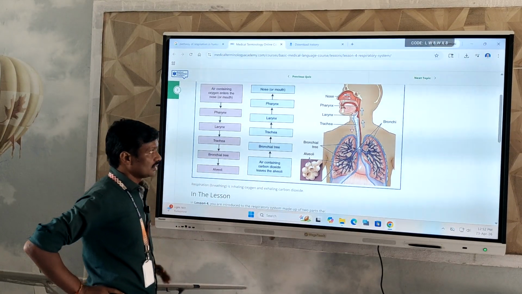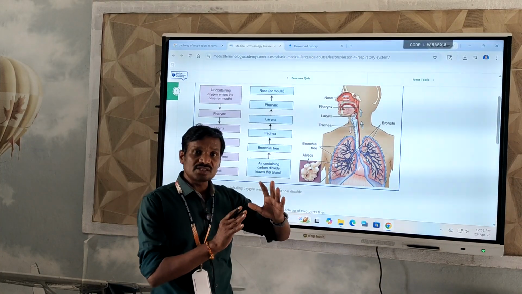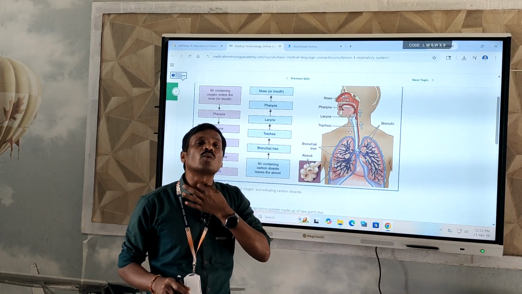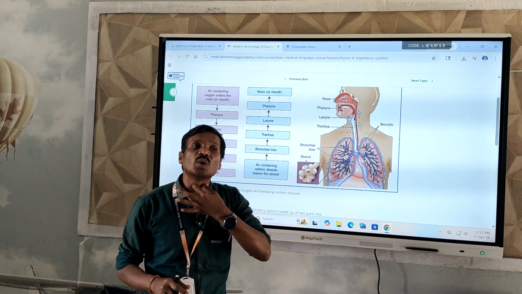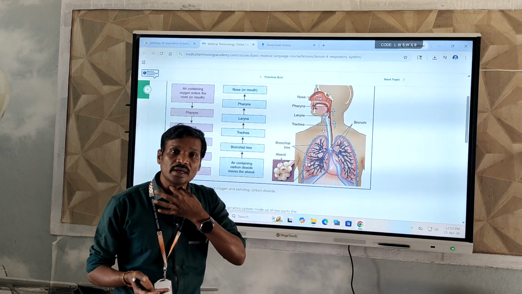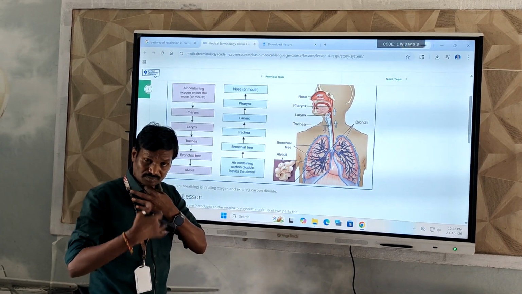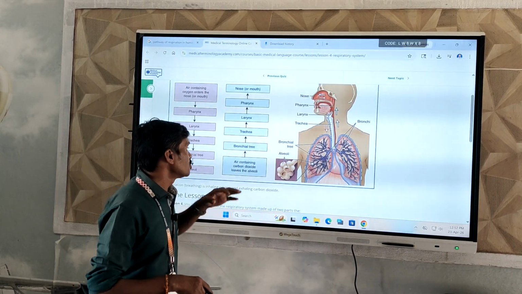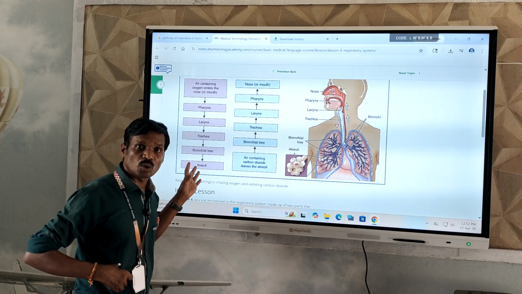Next, the larynx. How does the larynx work? The larynx is called the voice box. When we touch our throat while talking, the voice box vibrates, and due to these vibrations we can talk.